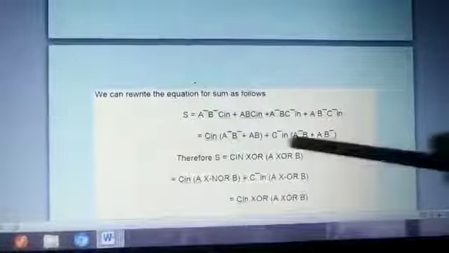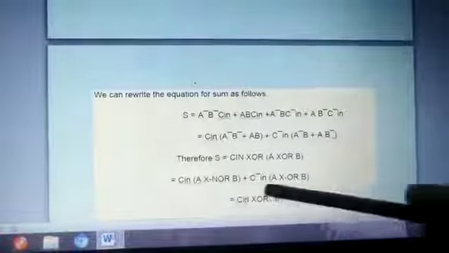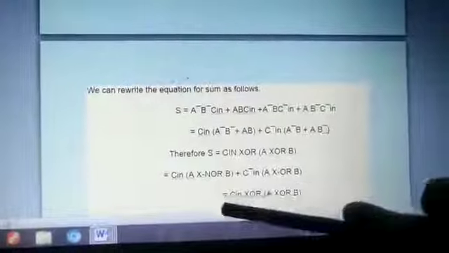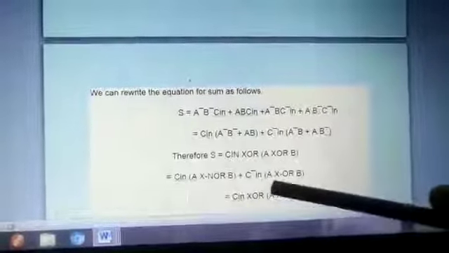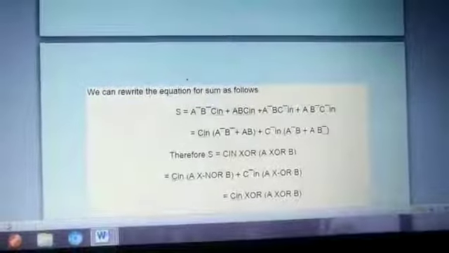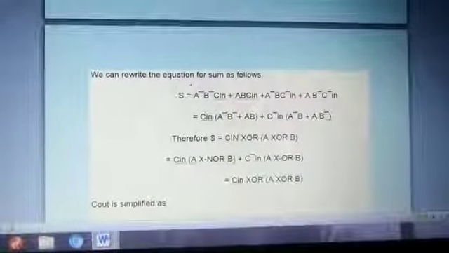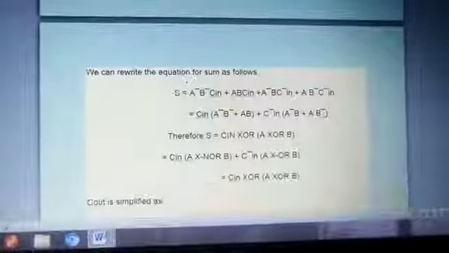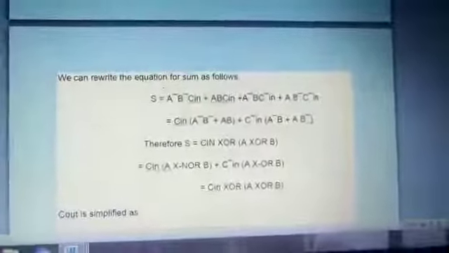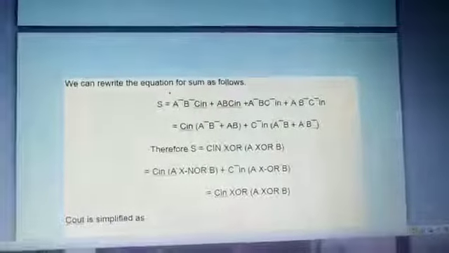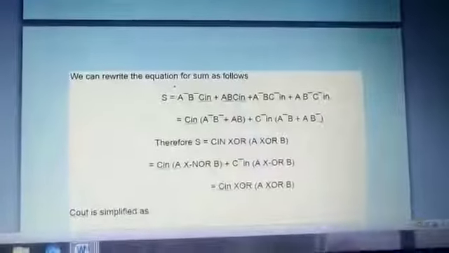If you combine this, it becomes another XOR gate. This is the full adder sum expression.